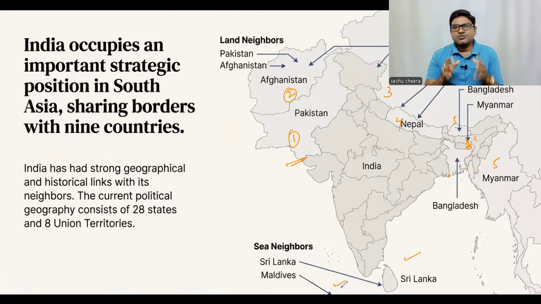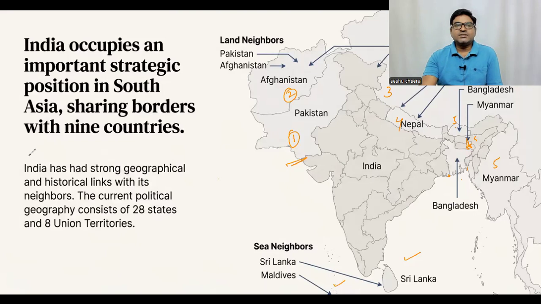So India has strong geographical and historical links with its neighbors. The current political geography consists of 28 states and 8 union territories, sharing boundaries with more than 7, that is 7 to 8, countries, as we can see here.